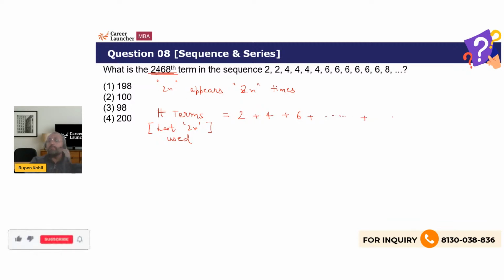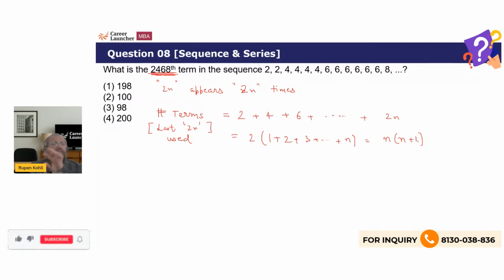The number 2n will be written 2n times. So the last time the number 2n will be used is when the index of that term is 2 plus 4 plus 6 up to 2n, which is twice the sum of the first n natural numbers, 2 into n into n plus 1 by 2. 2 and 2 cancel, so that is nothing but n into n plus 1. So that needs to be very close to 2468.